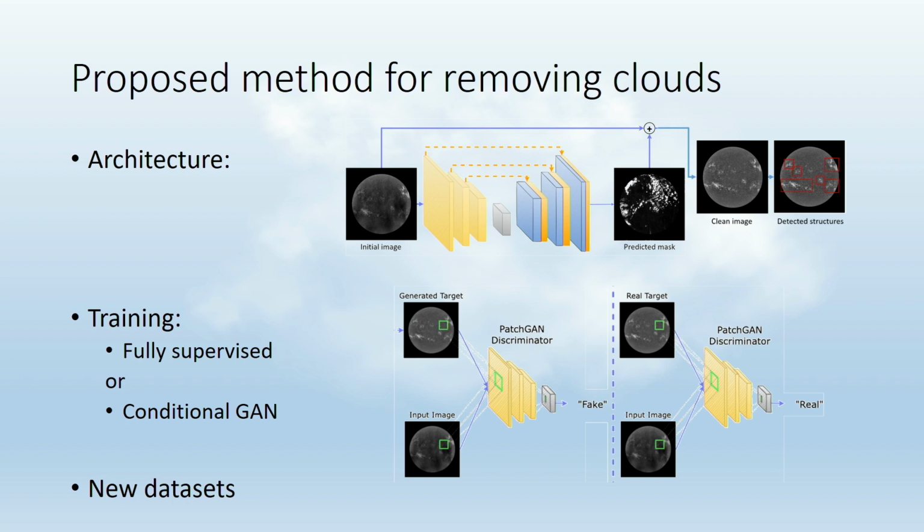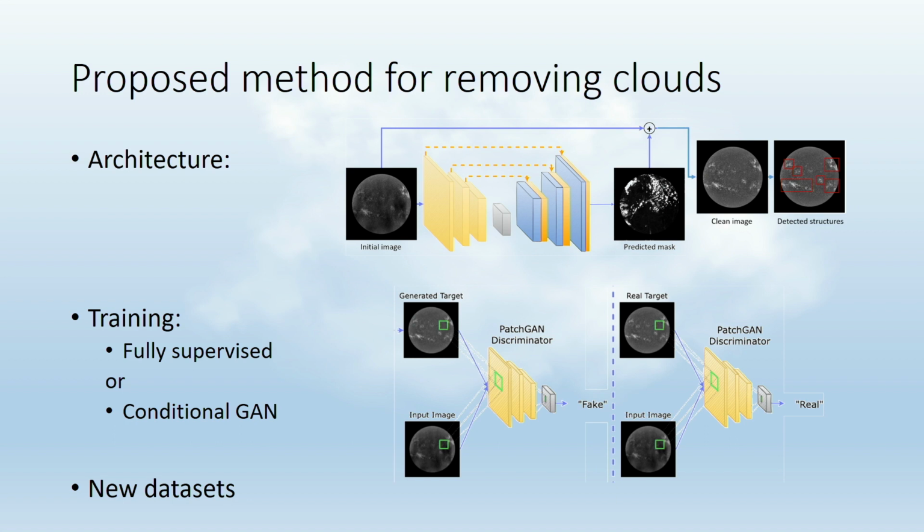We have experimented with two ways of training this neural network, a classical fully supervised way and a conditional GAN setup where a small discriminator scans small, local patches of the image that is produced by our UNet, compares with the original cloudy image, and determines if this image is actually a real one or one that was produced by the UNet.